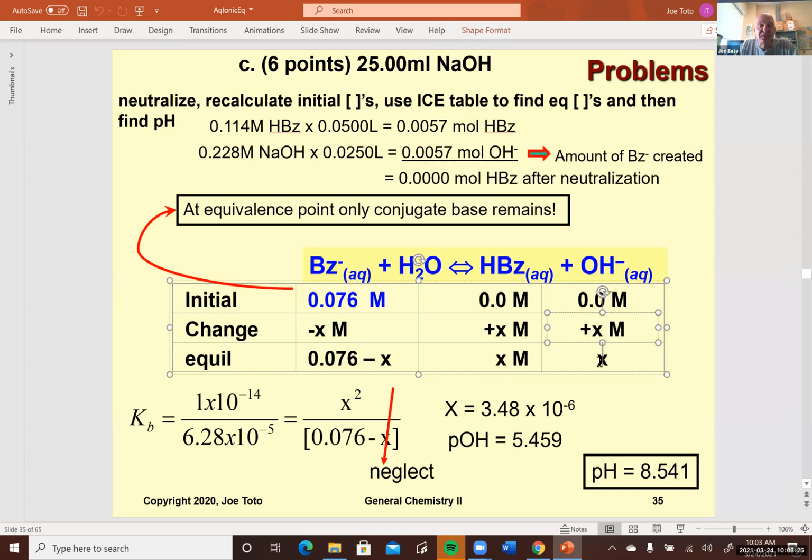This x is no longer directly related to the pH. It's related to the pOH because it equals the hydroxide concentration. So I can use that x to calculate the pOH and then subtract that from 14 to find the pH.